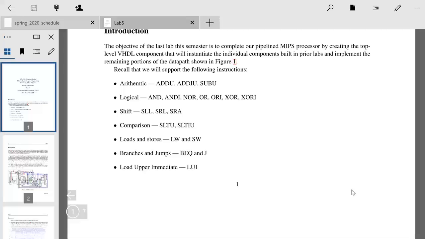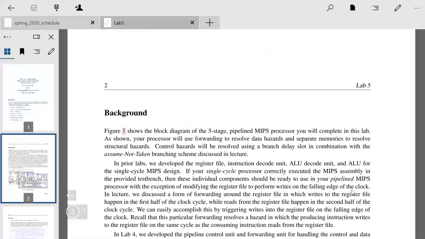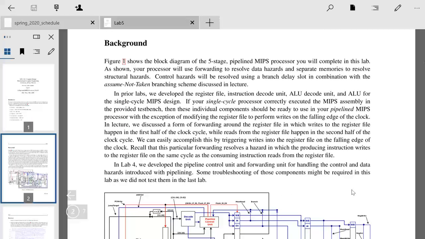Okay. Anyway, this small subset, like I say, we're stopping here. But you can imagine there could be at least 3 additional labs after this. Okay, so the background information just recaps some things that we had already talked about.